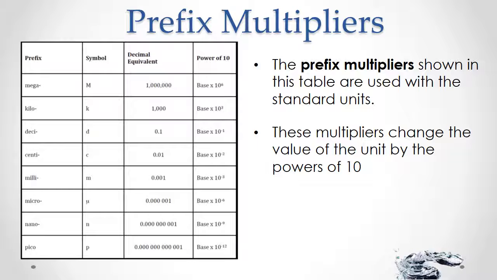Kilo, which we've seen before with the kilogram, has the symbol k and multiplies the base unit by 10 to the 3. Deci, which is a small d, multiplies the base unit by 10 to the minus 1, or divides by a power of 10. Okay, so on and so forth does this work.